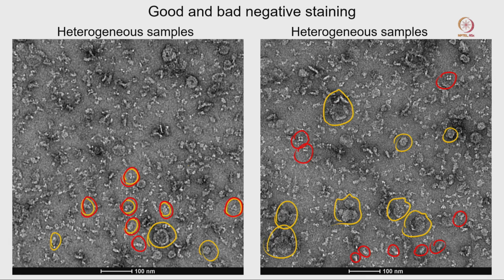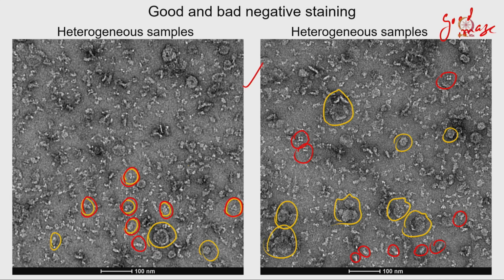Why is the overall stain very nice? Because you can see there is a difference between the background and your protein sample, where you can consider these white molecules as the protein sample and you can see it very clearly. That is the reason I am saying this is a good image.